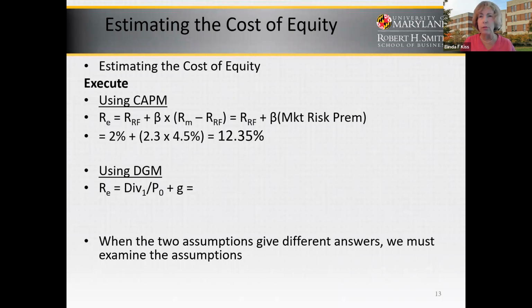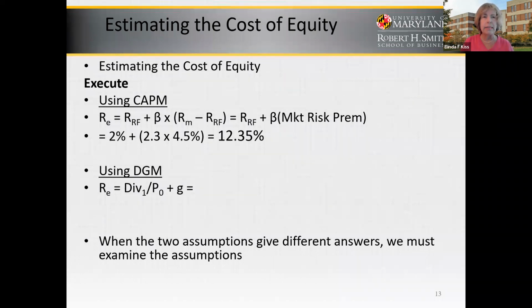Now, either you can use whole percents or decimals, but don't mix them up in this equation. With CAPM, I'm using percents. So when we do this calculation, the required return for this stock is 12.35% using the capital asset pricing model.